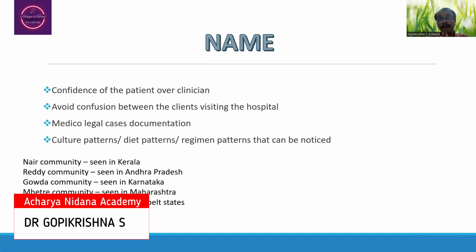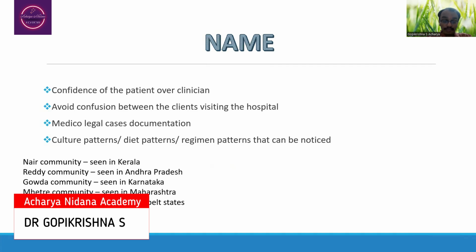Certain types of regimen patterns can also be noticed. For example, if the person has the surname Nair, we can say the person may belong to the state of Kerala. If you look at Reddy as a surname, that population may be present in Andhra Pradesh.